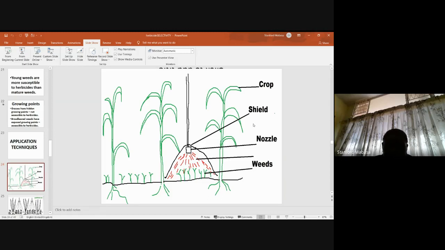So your nozzle will be covered by a shield so that you avoid the herbicide coming into contact with the crop. This is illustrated by that diagram, which shows the shield, the nozzle, the position of the weeds, and the crop. Normally, this works well when we have a crop which is taller than the weeds.